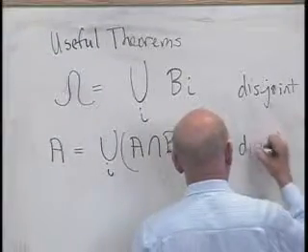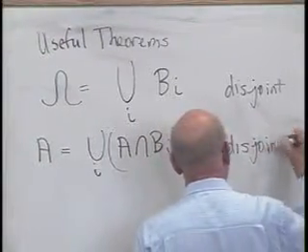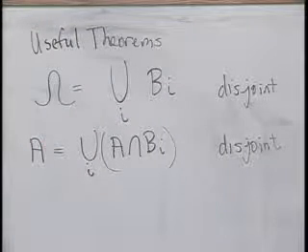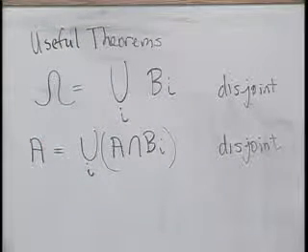That's disjoint. I always like to keep noting when I have a disjoint union of events, because in that case I have this super simple formula that the probability of the union is the sum of the probabilities. And that's what I'm going to say.